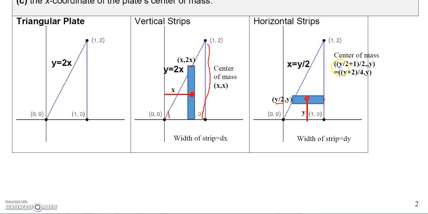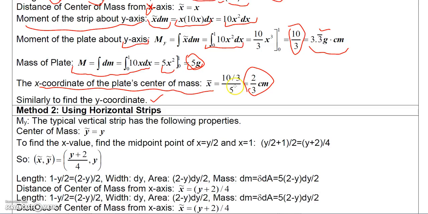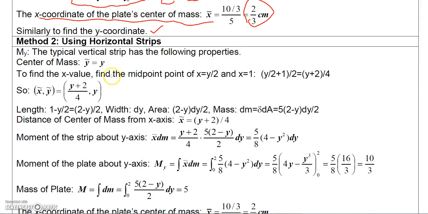So what you do is you take y over 2 plus 1, then divide it by 2, and if you simplify that, you'll actually get y plus 2 over 4 for the x value, and then of course y for the y value. Okay, so the center of mass for the y value is simply y, and the center of mass for the x value is y plus 2 over 4.